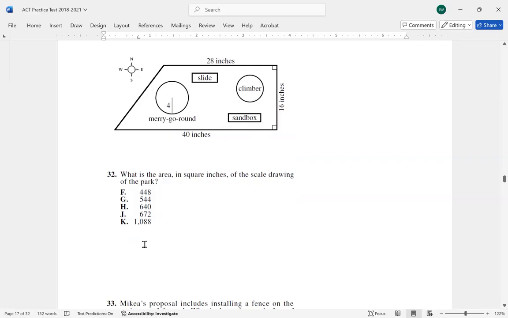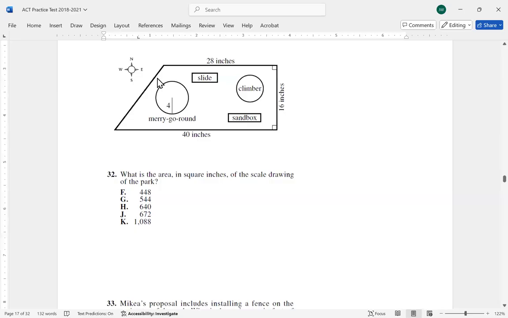Question 32. What is the area in square inches of the scale drawing of the park? So we're asked to find the area of this drawing in square inches. There are a lot of different ways we can go about this.